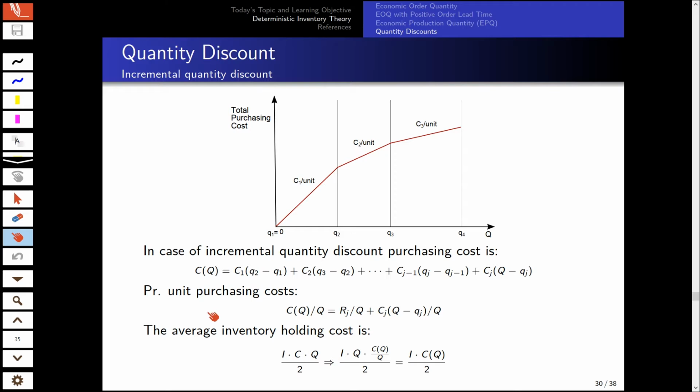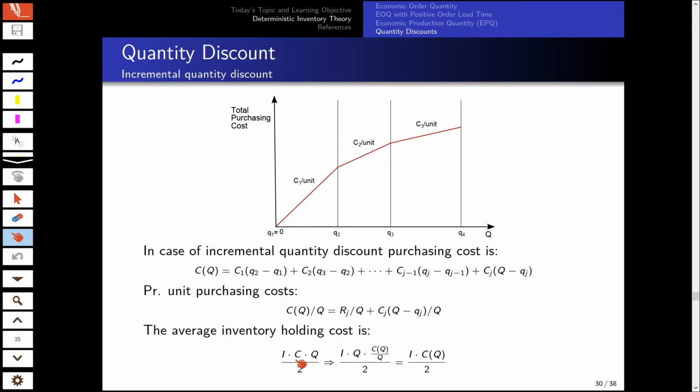Our inventory management regards, as you will recall, the total costs for ordering and holding in inventory. So we also need to determine the average inventory holding cost. That is given by I multiplied by C multiplied by Q divided by 2, the usual one that we know from previous derivations.